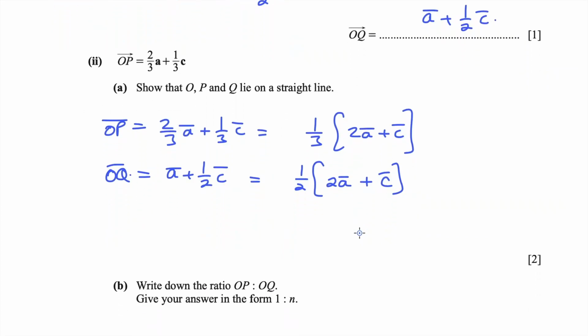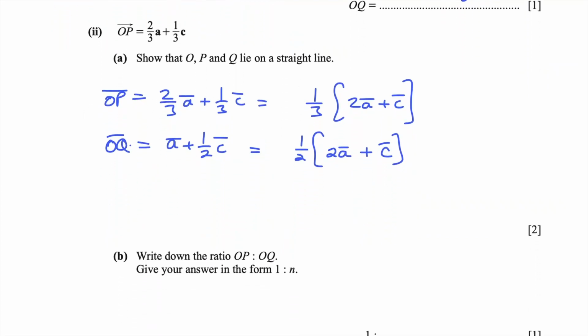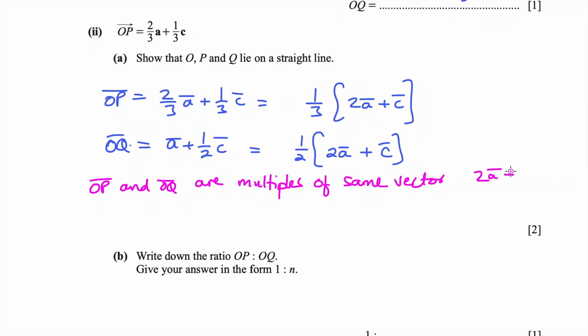So we can see that OP and OQ are multiples of the same vector, which is 2a bar plus c bar. They are multiples of the same vector 2a bar plus c bar and have O as common point.